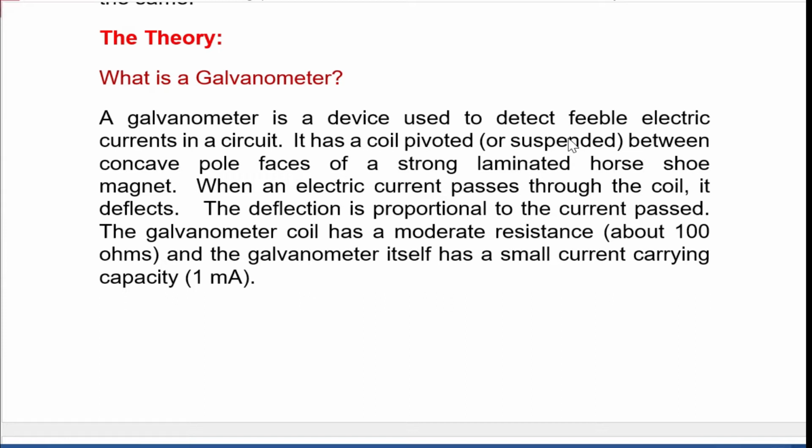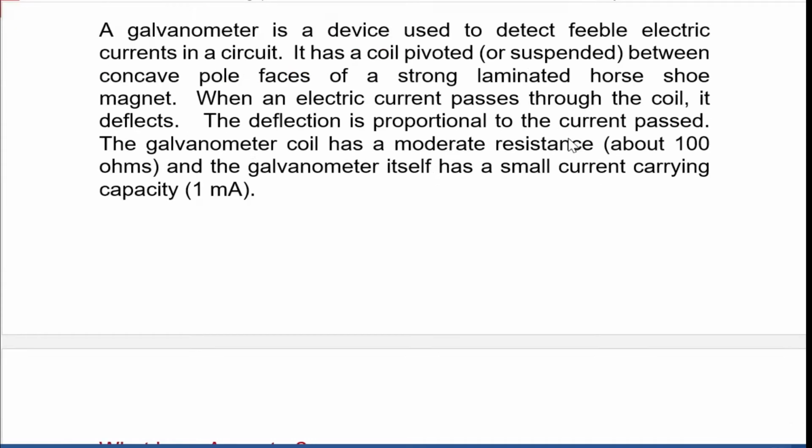When an electric current passes through this coil, it deflects. The deflection is proportional to the current passed. The galvanometer coil has a moderate resistance, about 100 ohms, and the galvanometer itself has a small current carrying capacity, that is 1 milliampere.